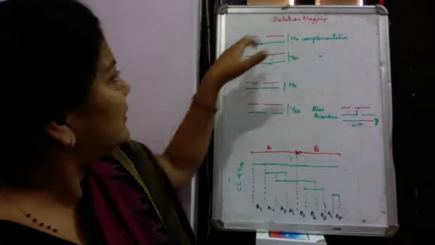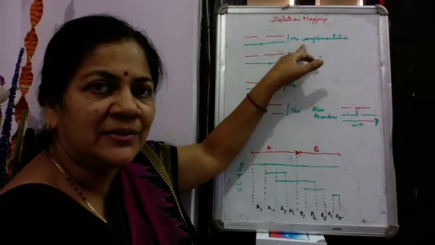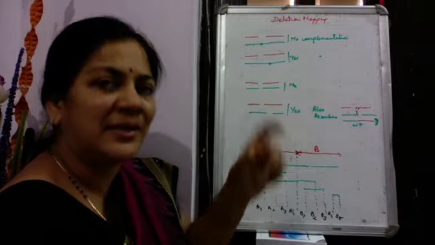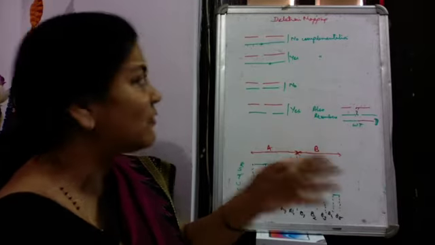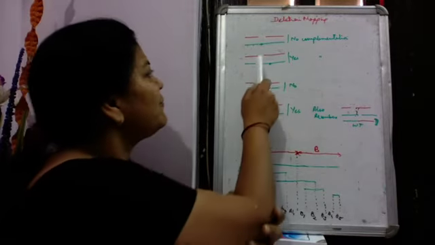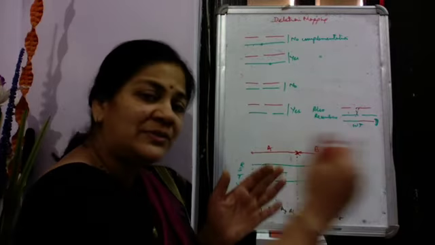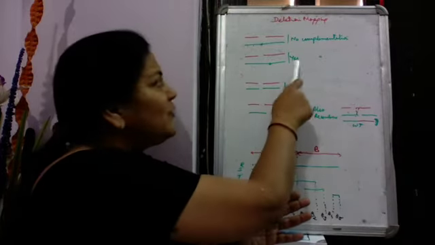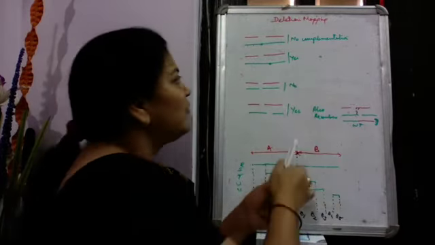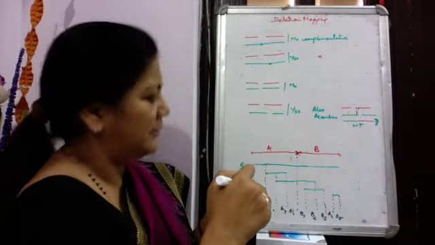Therefore here you will not see any complementation, because there is a loss of the homozygous region. Homozygosity is lost. However, if you have a deletion over here, but the point mutation is outside the deleted area, then you will see complementation.